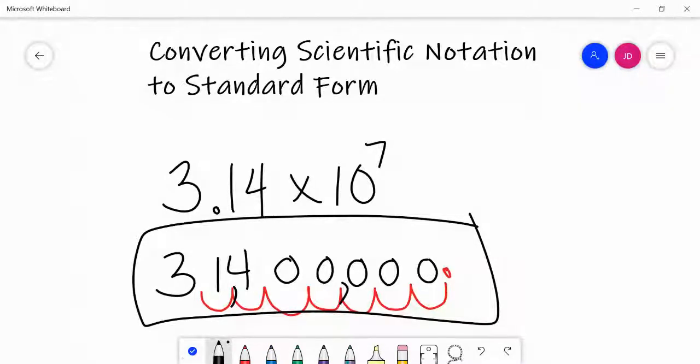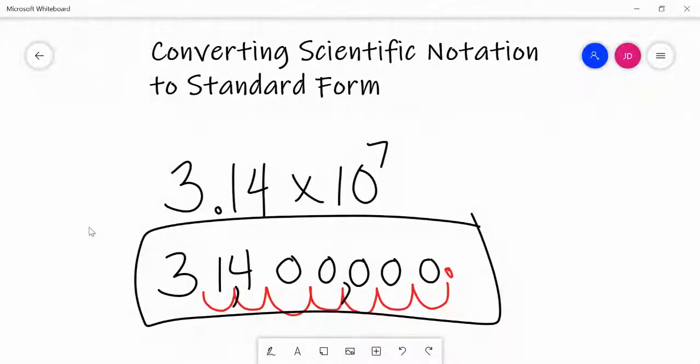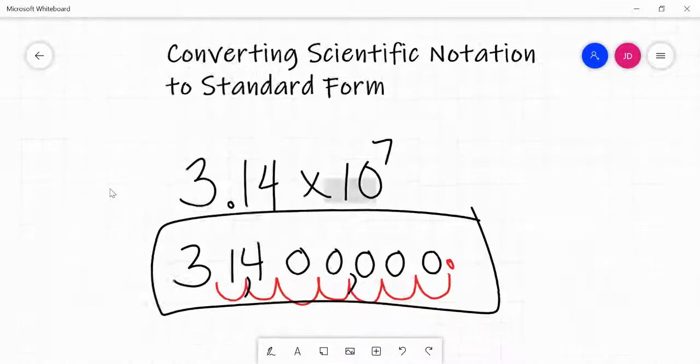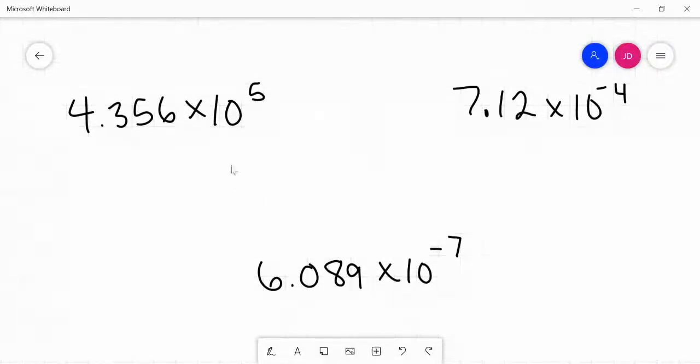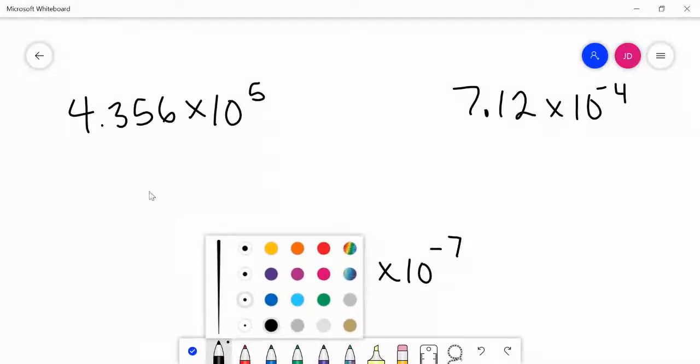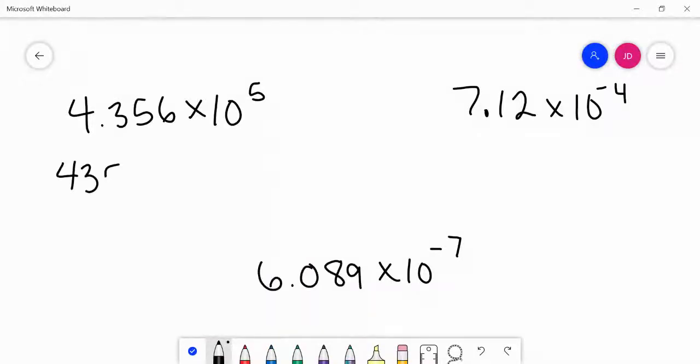Let's take a look at other types of problems we could have. Okay, another positive exponent. Again, I'm going to rewrite the numbers out in front. 4, 3, 5, 6. Now this is telling me I'm moving the decimal 5 spots to the right.